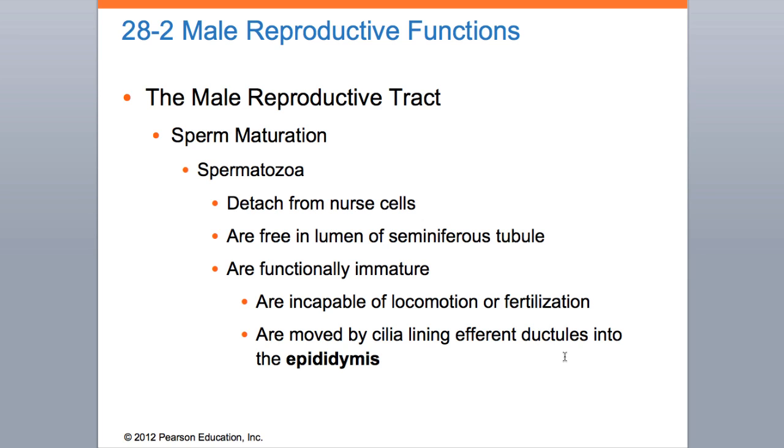So from the rete testis through the efferent duct into the epididymis. Now are you noticing that that's coming up over and over? So the pathway is important. You're going to find the pathway to read something like this: the seminiferous tubules, straight tubules, rete testis, efferent ducts, and then the epididymis.